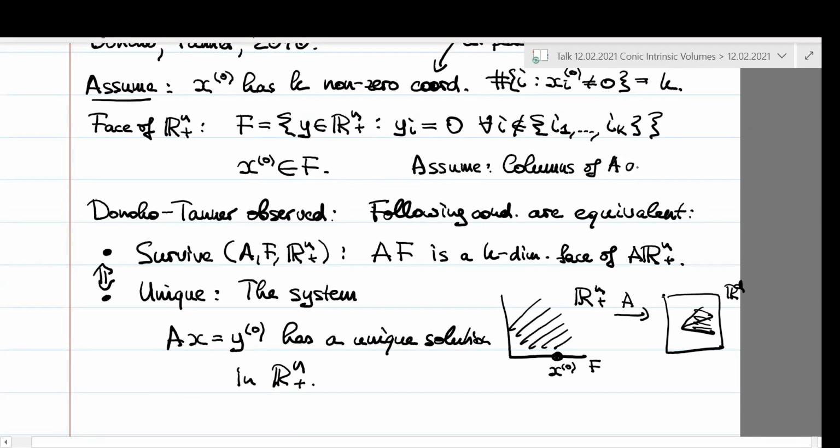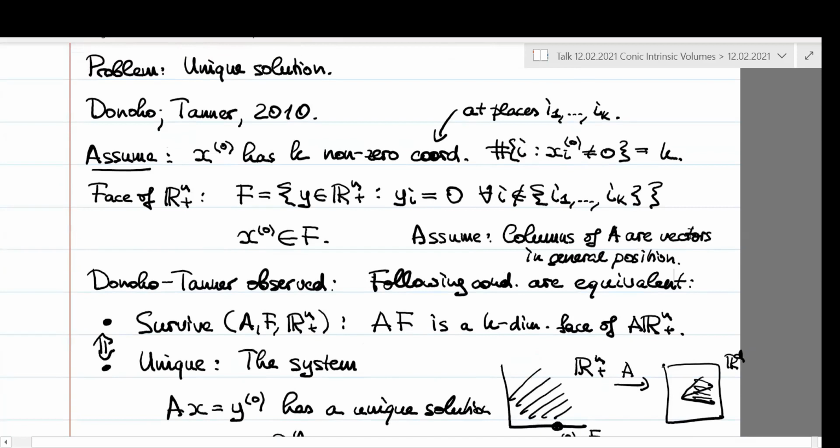More concretely, this means that the columns, which are vectors in the d-dimensional space, satisfy the following condition: if we take any d of them, then they are linearly independent.